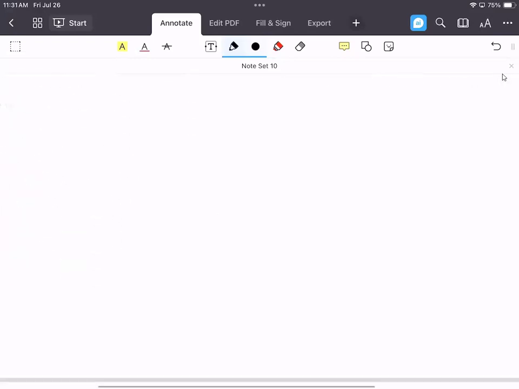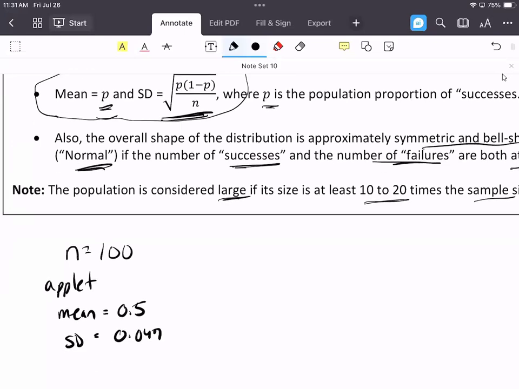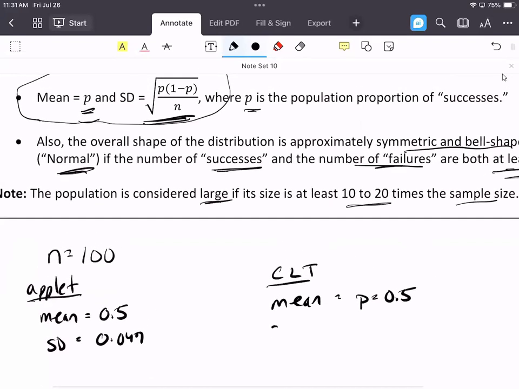All right, now let's see if the value that we get here and here are close. So using that central limit theorem, let's see what we get. The mean is p, which is 0.5. Perfect. Now the standard deviation is the square root of p times 1 minus p over n.